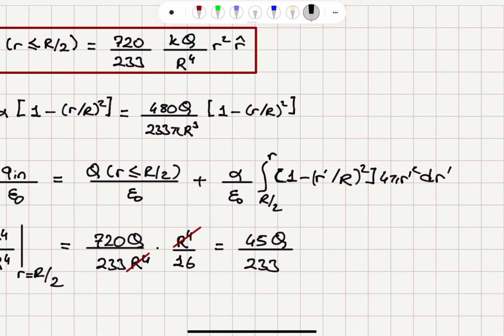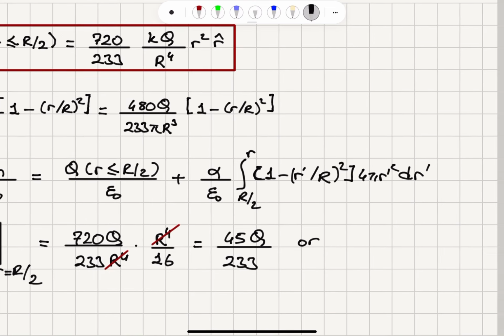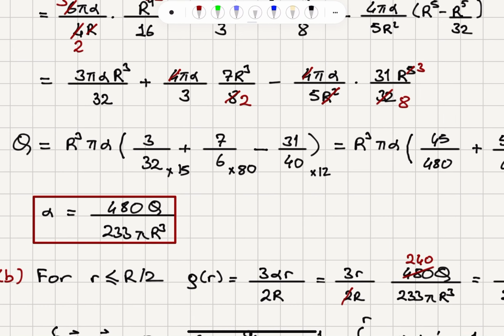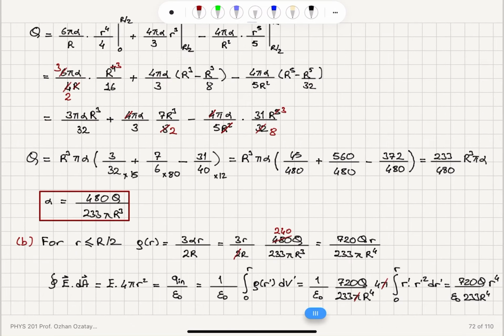Or I can say, because capital Q is 233 pi capital R cube alpha over 480, I can substitute that for Q and find the answer in terms of alpha.